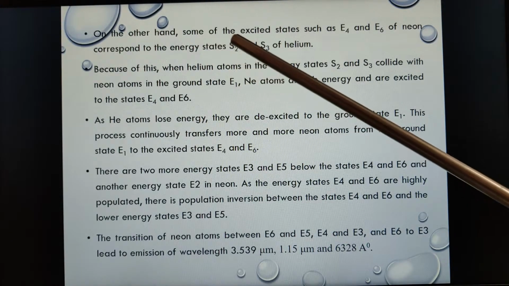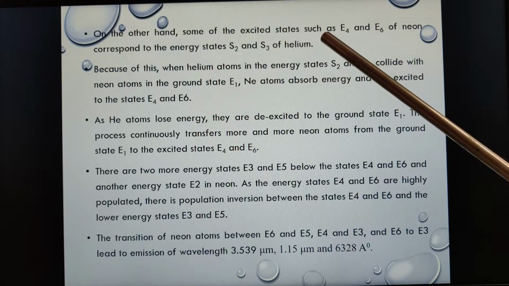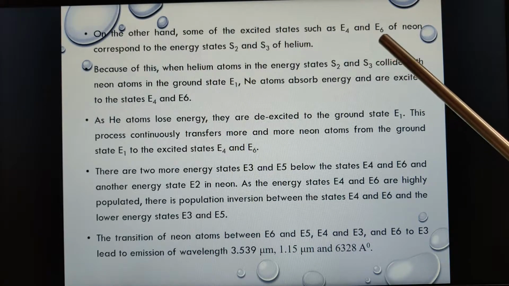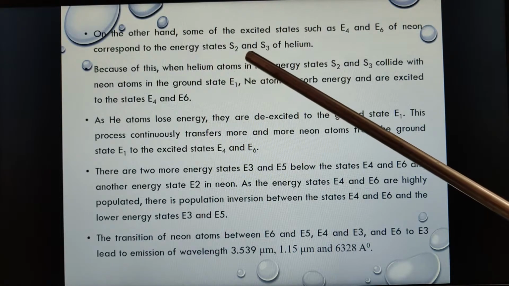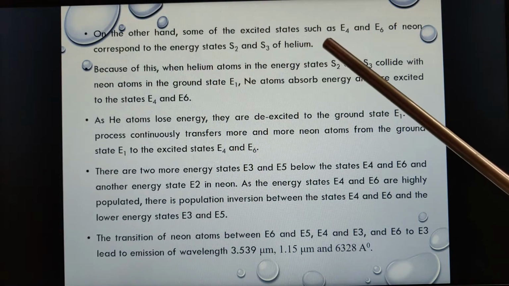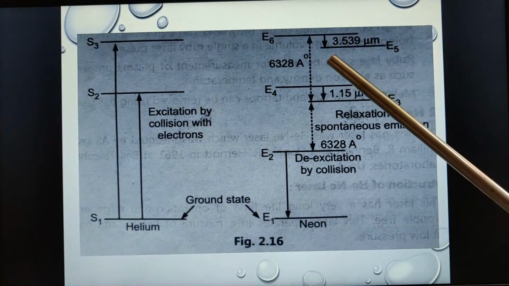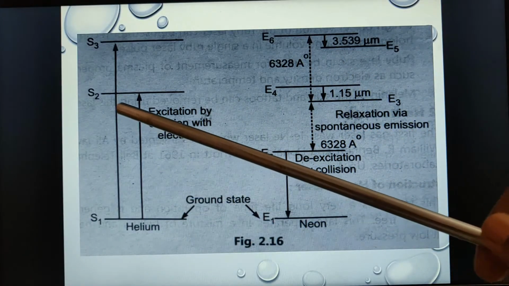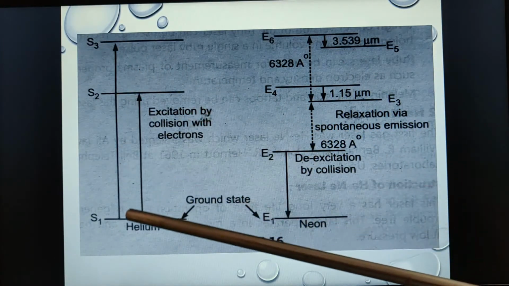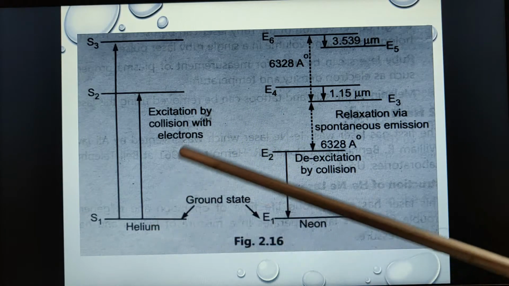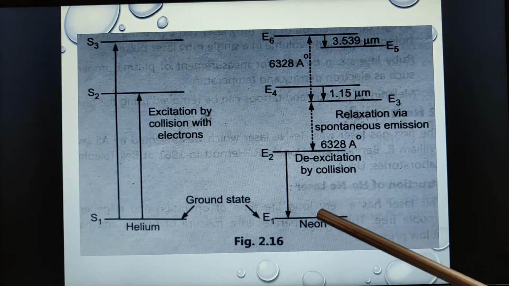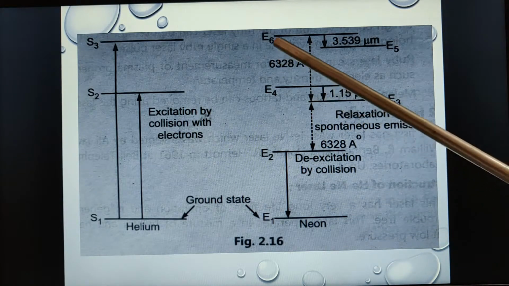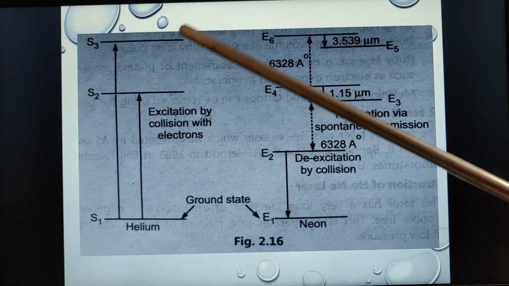On the other hand, some of the excited states of neon, such as E4 and E6, correspond to the energy states S2 and S3 of helium. So here S2 and S3 are the energy states of helium, and E4 and E6 are the energy states of neon, which correspond to the helium levels.